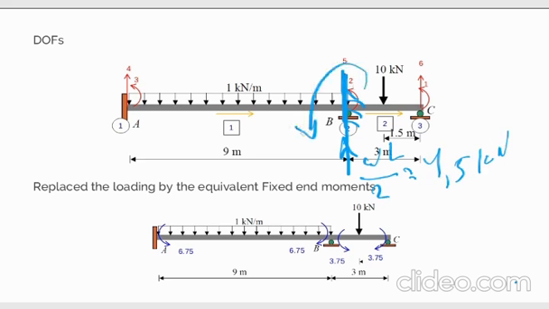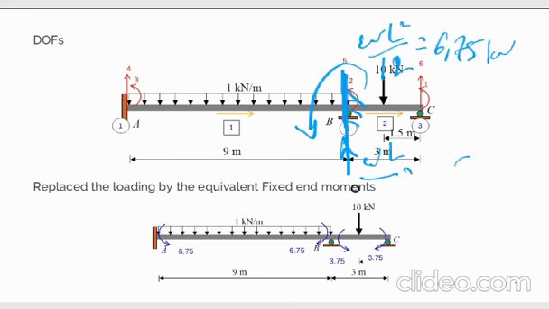And the moment here, also WL squared over 12, equals 6.75 kilonewton meter, because this member has the same applied load, a distributed load.